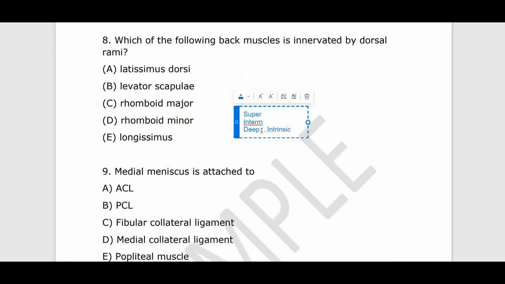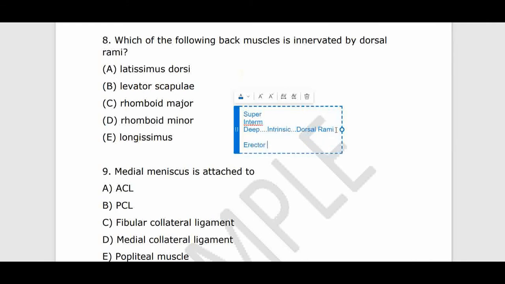So the muscles that develop in the back are innervated by dorsal rami of the spinal nerves. Okay, dorsal rami. Whereas the rest will have different innervation. And the deep muscle mainly is the erector spinae.